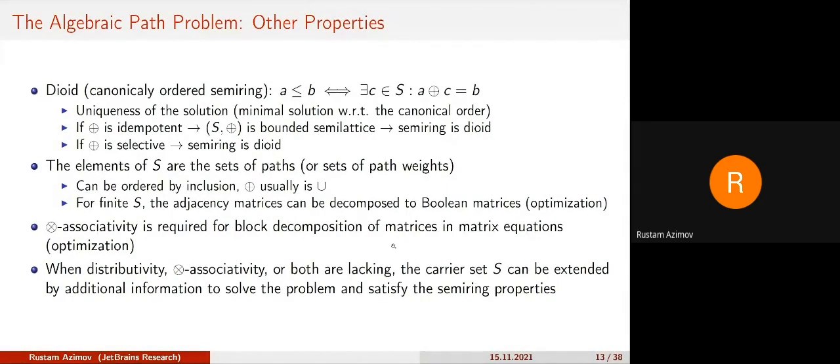And then there are some ways to extend the carrier set S, add additional information to its elements, build a semiring on such a set, and solve the initial problem with all these properties.